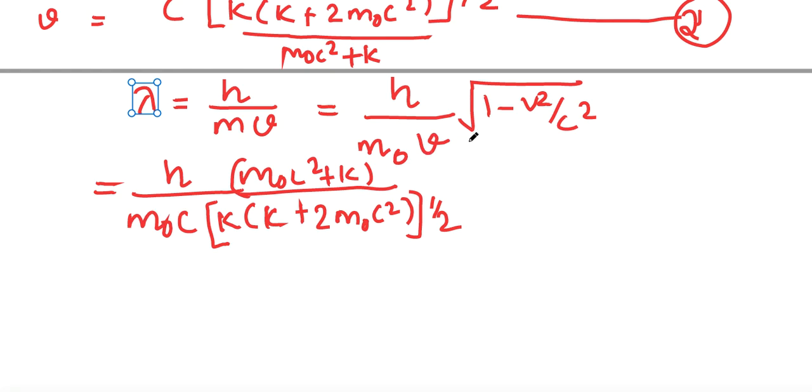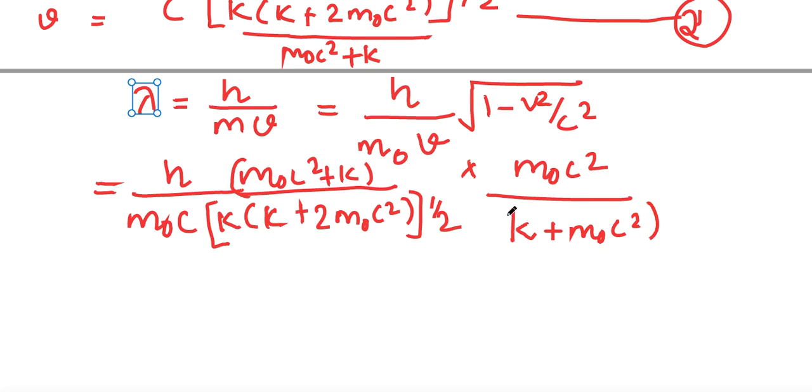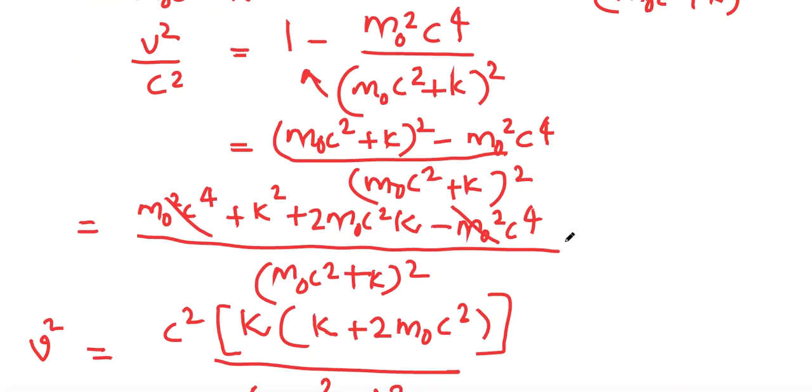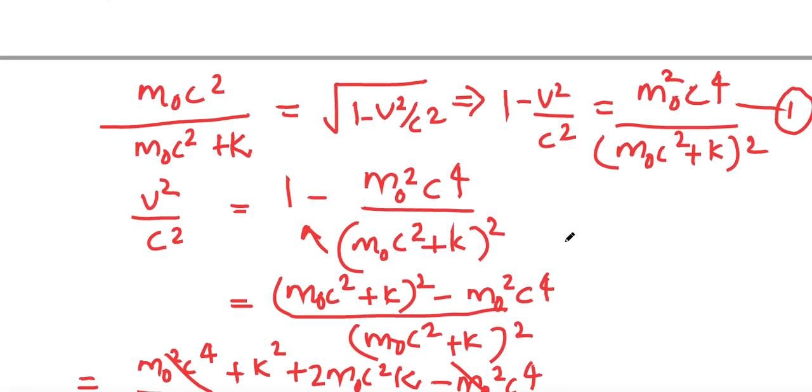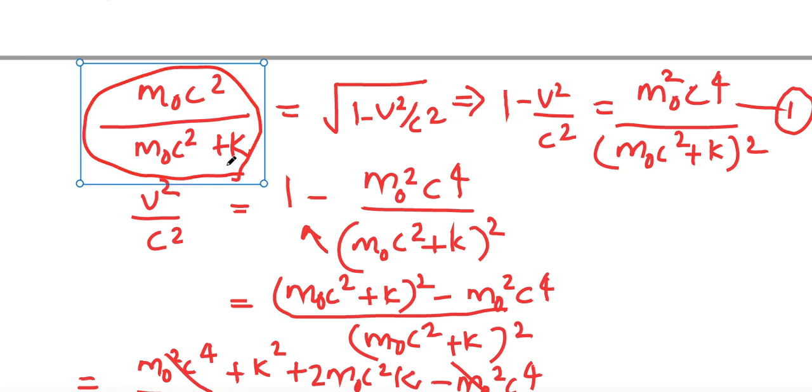Now we have one by root of 1 minus v square by c square, which we can write as m0 c square by k plus m0 c square. Am I right? Here we have already written it, m0 c square by k plus m0 c square.